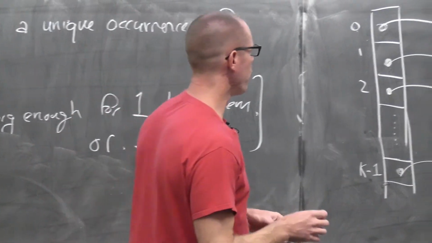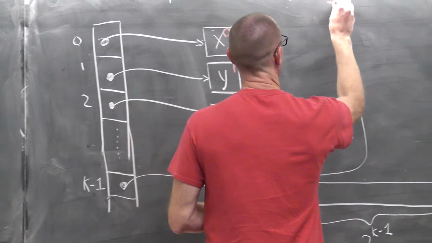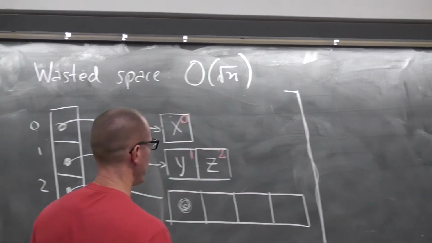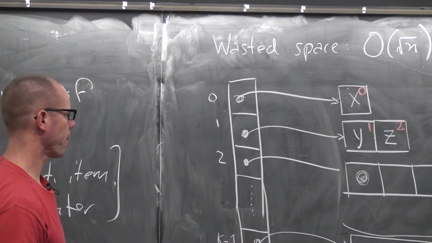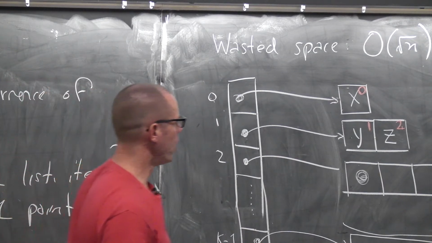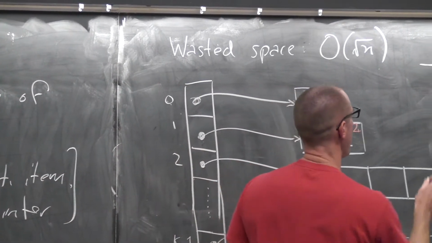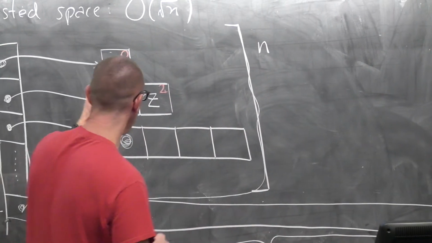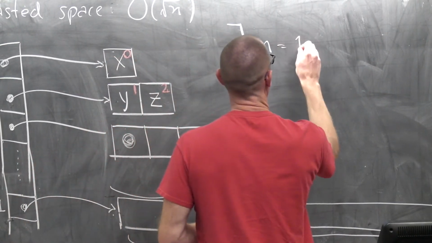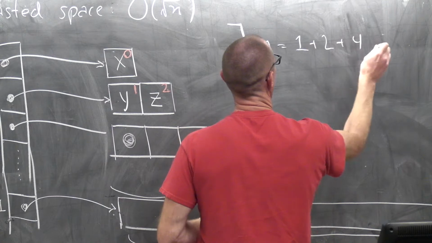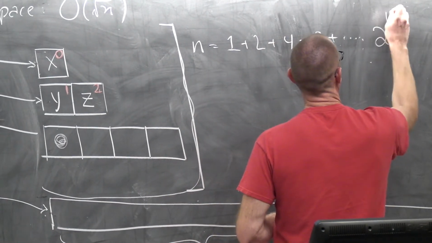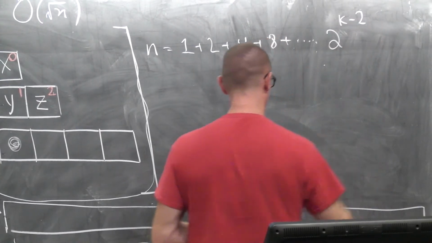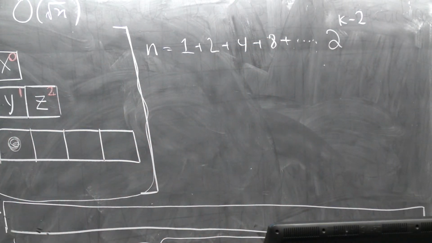If all of these are full, so if we call the sum of all these things n, that means n equals 1 plus 2 plus 4 plus 8 plus up to 2 to the k minus 2, if this one has size 2 to the k minus 1.